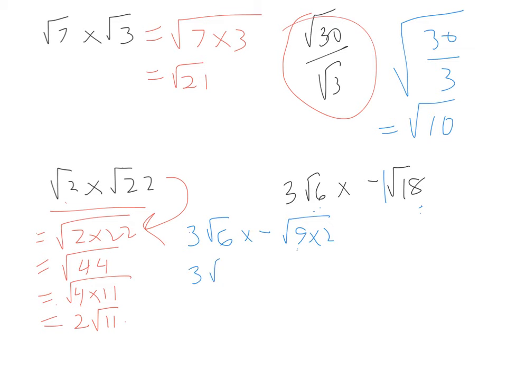So it becomes 3 root 6 times 3 root 2, and that is negative. So it becomes 9 root 12. And as we know, 12 is 4 times 3. Bring that out, so it becomes 18 root 3. Oh, it's got to be negative as well. That's one thing we can do.